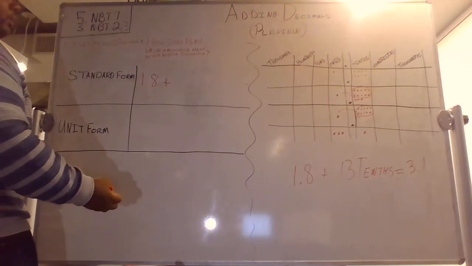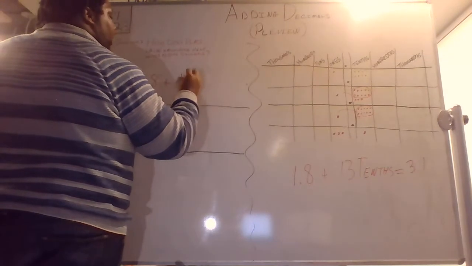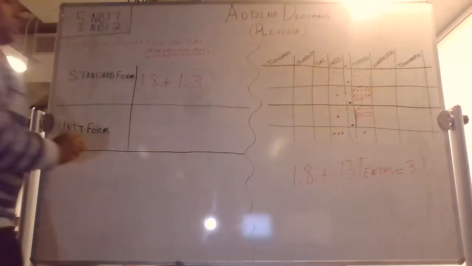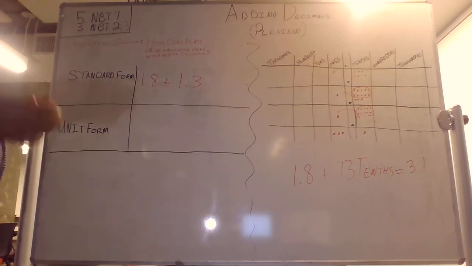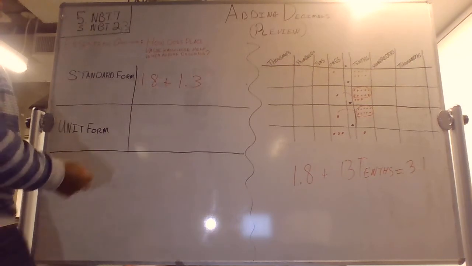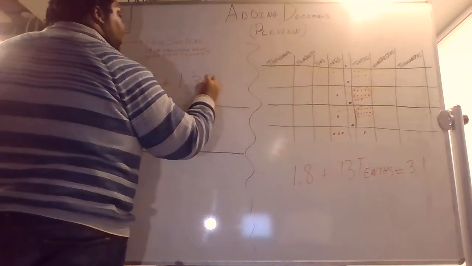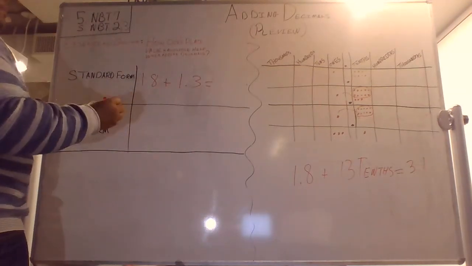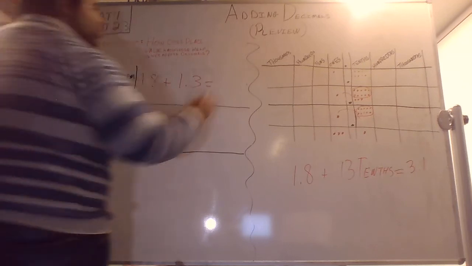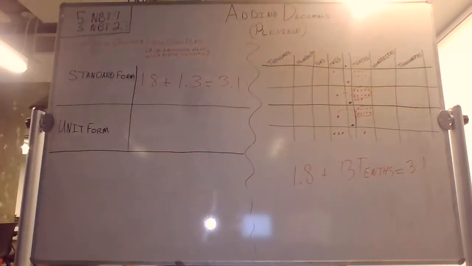Do you know how it's going to look different? That's right. It's going to now be 1 and 3 tenths because 13 tenths is just 1 and 3 tenths written in unit form. But now we've written it in standard form. All right? And so we know now that 1 and 8 tenths plus 1 and 3 tenths equals 3 and 1 tenth.